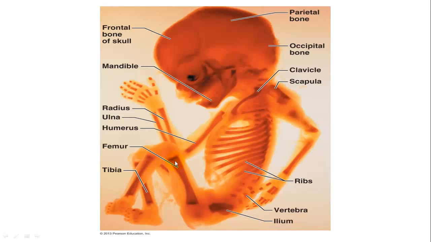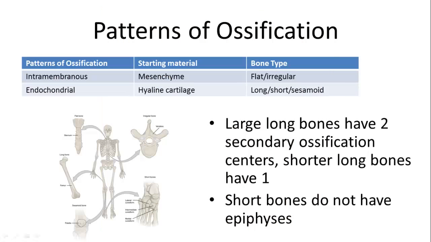So here you have the shaft of the bone, which has its ossification center, mostly fully formed. The secondary ossification centers have not formed yet in these. So you can see different patterns of ossification occurring throughout this developing fetus.